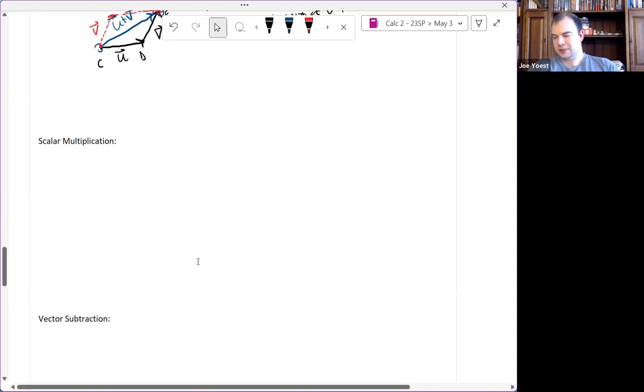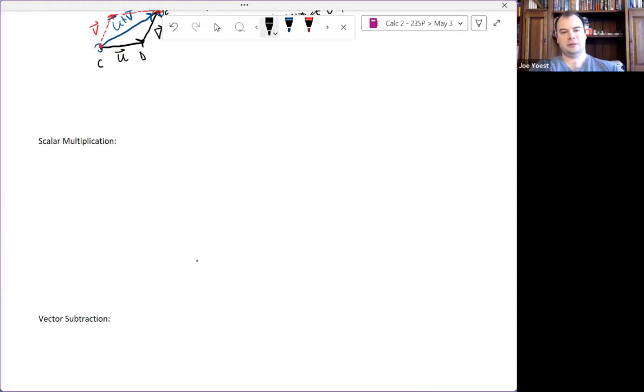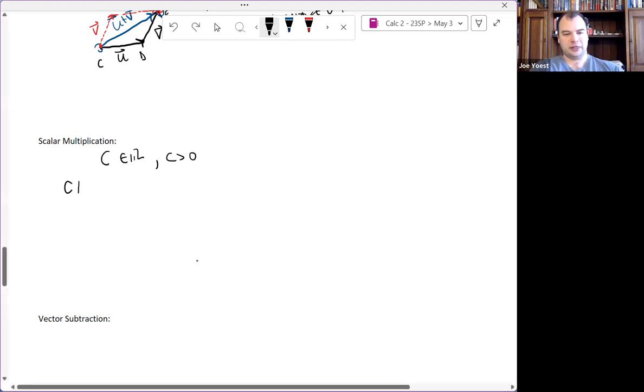What about scalar multiplication? Well, if we have C, a real number, bigger than 0, then C multiplied by U bar, which I'm just going to write as CU bar. I don't want to put the dot there. We'll see why later.